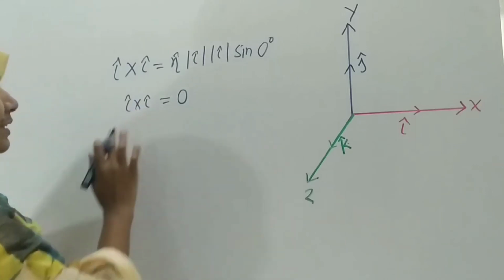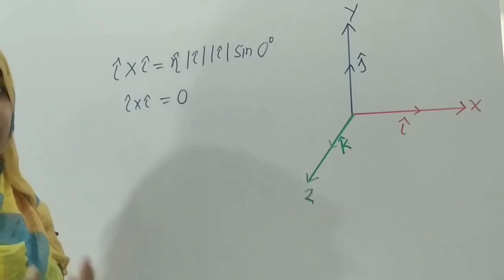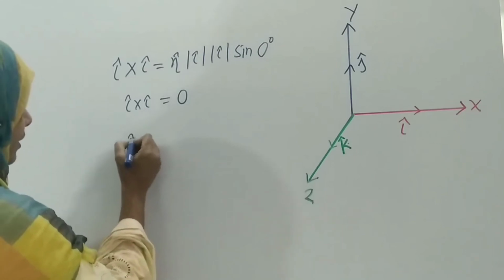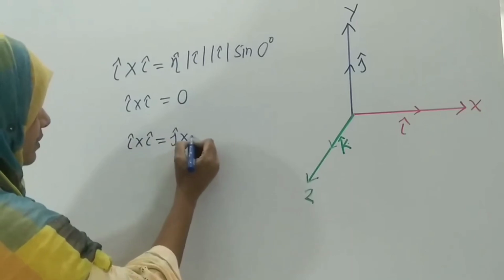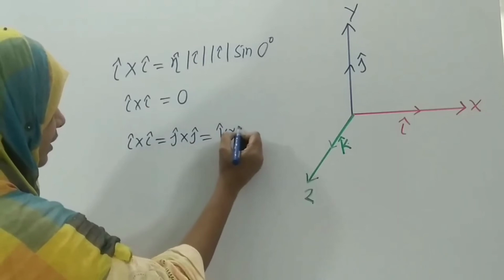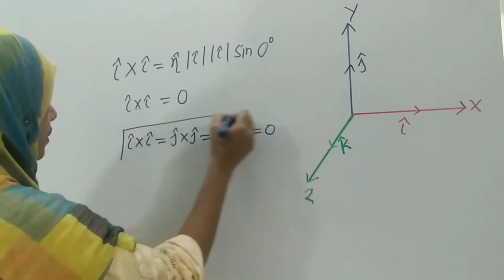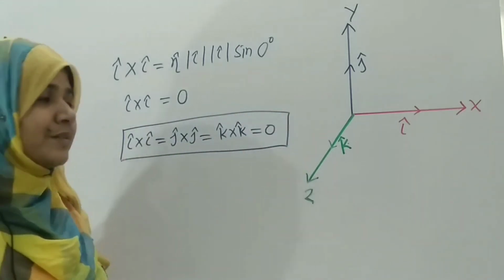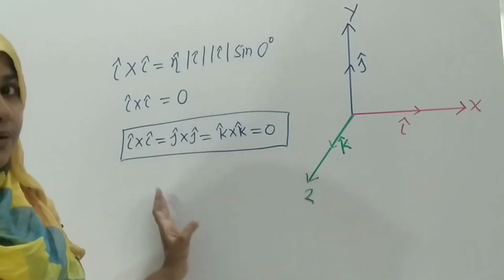So from this equation we can say that the cross product of similar unit vectors is 0. That is, I cross I is equal to J cross J is equal to K cross K will be 0.